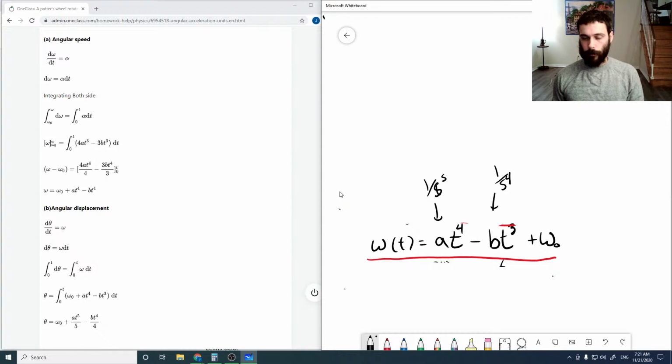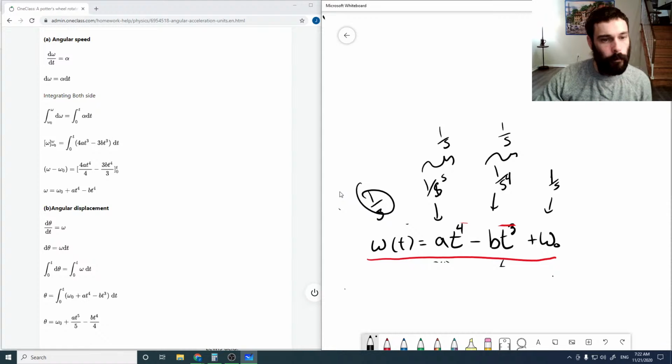And so if we multiply a by seconds to the 4th, then the whole thing will be 1 over seconds. And here again, 1 over seconds, which is good because omega naught will be 1 over seconds. And so omega t is 1 over seconds, as it should be. So it looks like a little mistake here on the t.